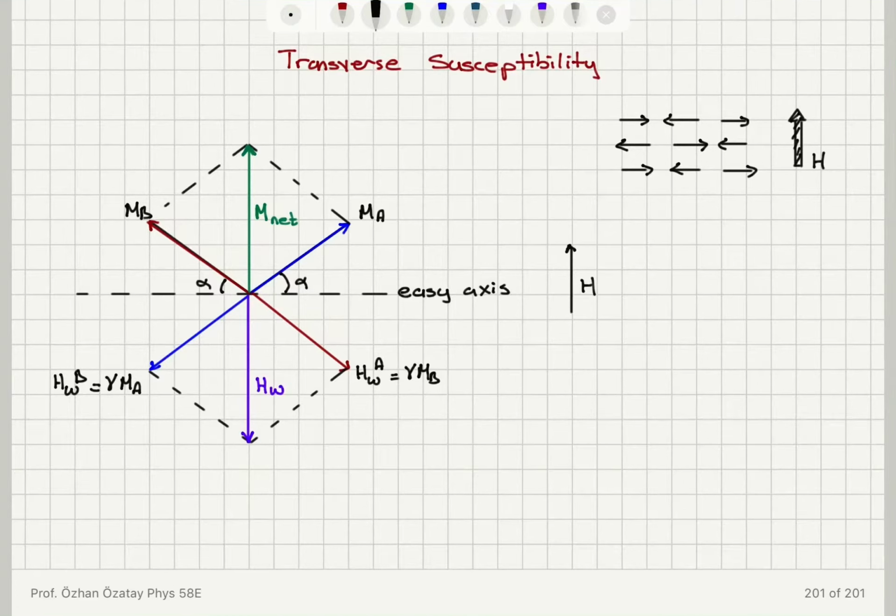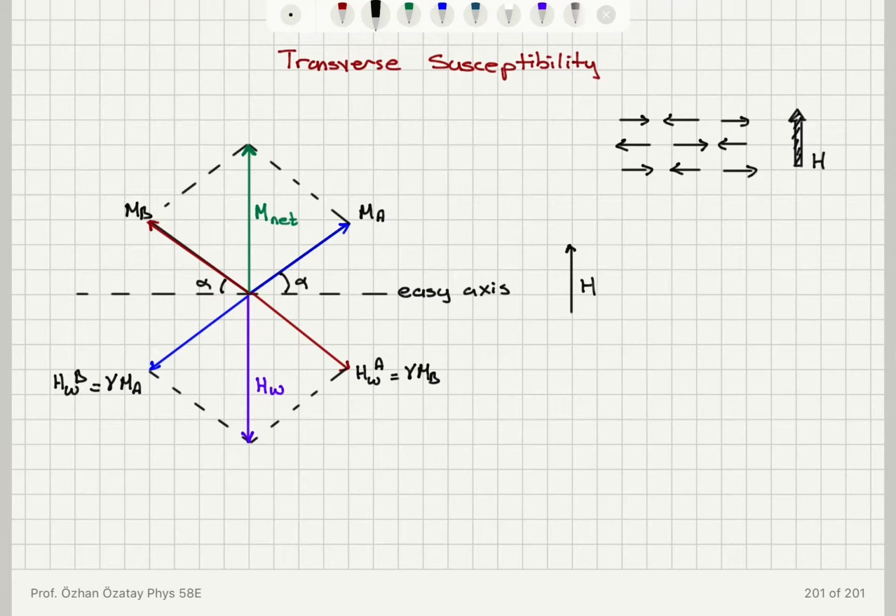Now, in the case of transverse susceptibility, the magnetic field is applied perpendicular to the sublattice magnetizations M sub A and M sub B. And when that happens, as you can see, the magnetizations of the two sublattices will tilt from the easy axis by an angle alpha.